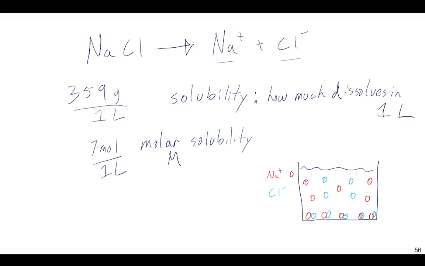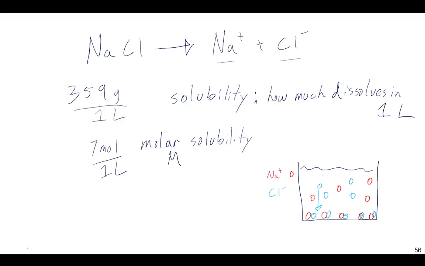And so if we think about Na+ and Cl- sort of approaching each other here, they can join up and make a solid sodium chloride that then sort of falls out of solution.